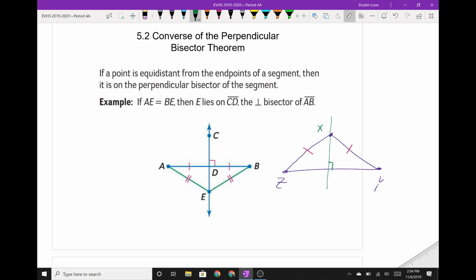I know that that one must be perpendicular, and those two are equal to each other. Okay? So if and only if, biconditional, they both prove each other. Make sense? All right.